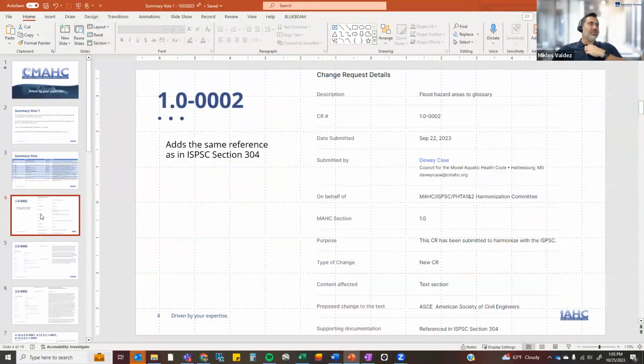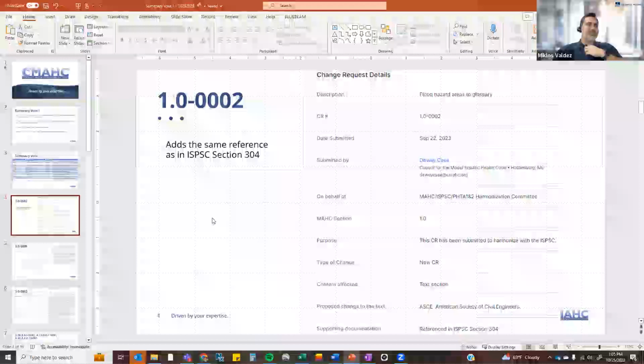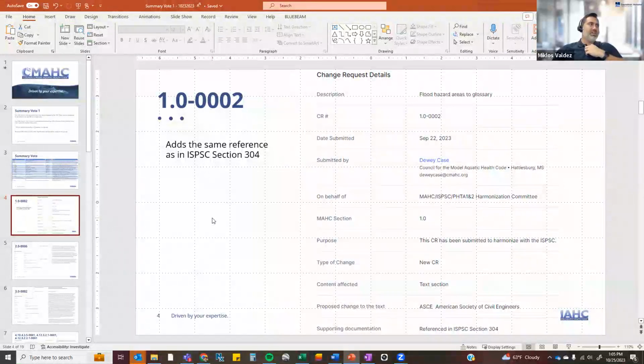First one is 1.0. This adds a reference to ASCE, the American Society of Civil Engineers, to the reference section in section 1. I'm not sure why. Oh, I guess because we're adding flood hazard areas to the glossary, and so by doing that, we're referencing this ASCE in section 1.